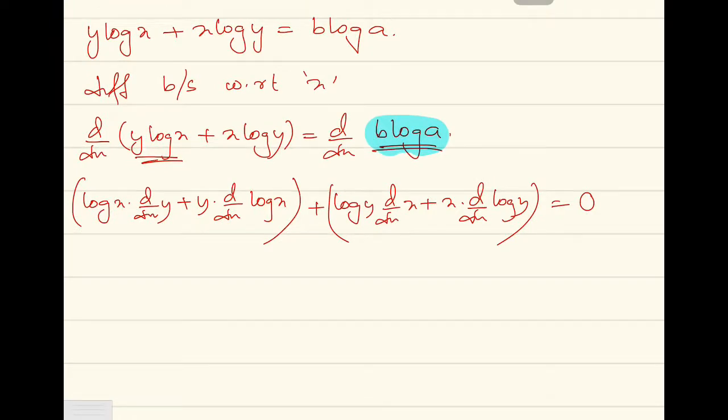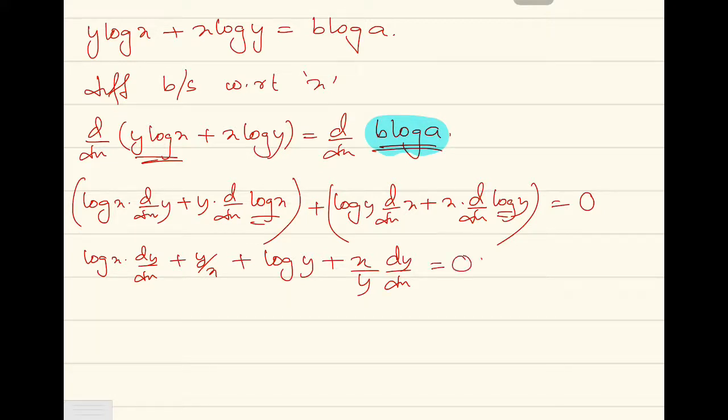Okay, that gives me log x dy by dx plus y by x, because d/dx of log x is 1 by x, plus log y simply, and here I have x by y into dy by dx, because d/dx of log y follows chain rule. First I'll have to do 1 by y followed by dy by dx equals 0.